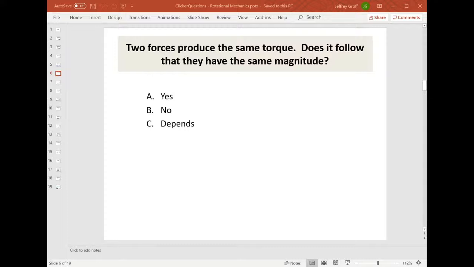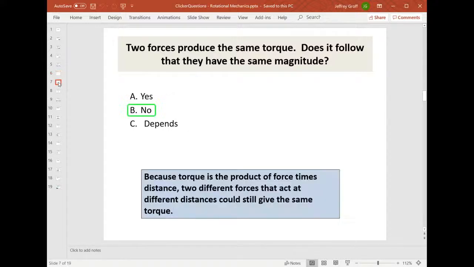It's not worded the best. No is probably the best answer, but I guess you could say it depends, because torque depends on two factors.